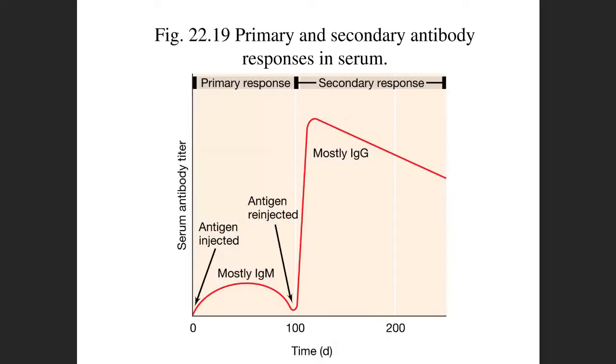And so if you look at the reaction, what happens is that when you first have exposure to the antigen, you will have mostly IgM being produced. And then it's the second exposure that allows B cells to produce lots of plasma cells, and lots of plasma cells immediately produce lots of IgG.